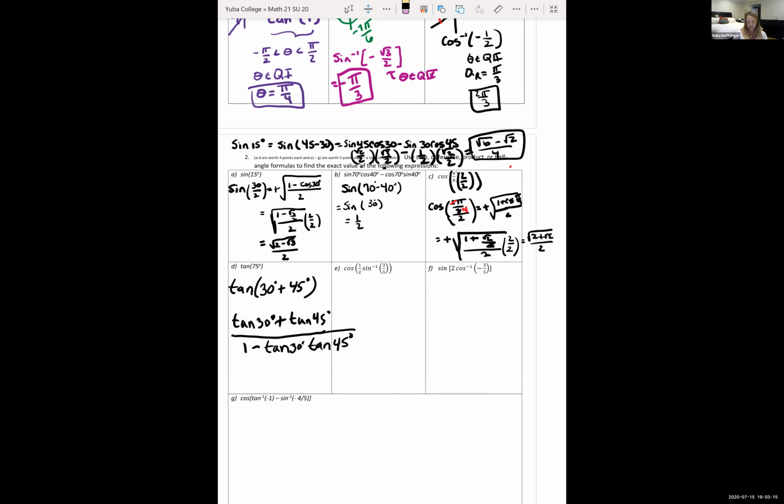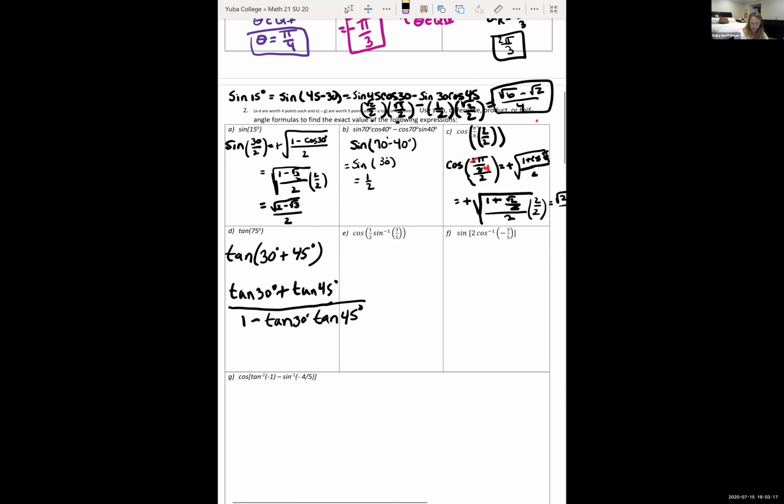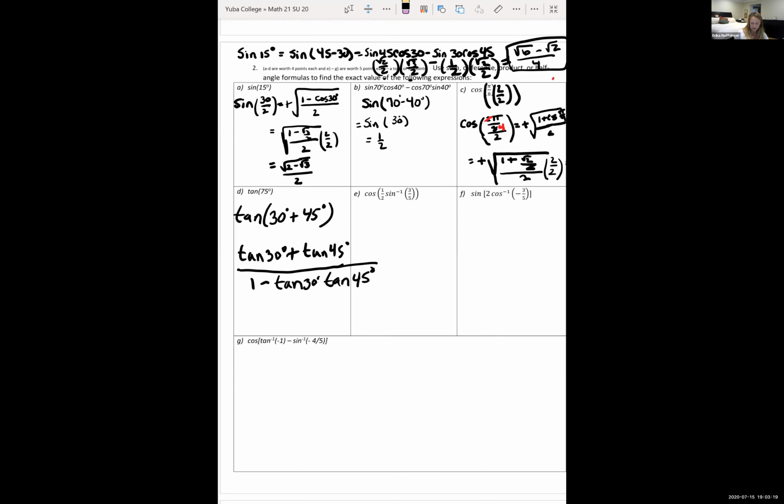Tangent of 30, that one is root 3 over 3, plus tangent of 45, that is 1, all over 1 minus tangent of 30 degrees, again root 3 over 3, and tangent of 45 degrees is 1.